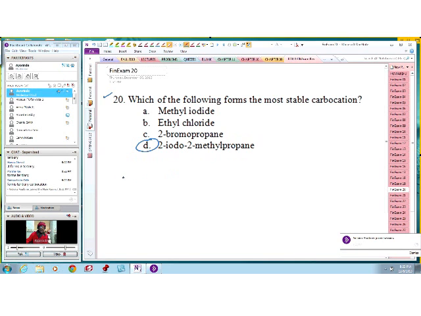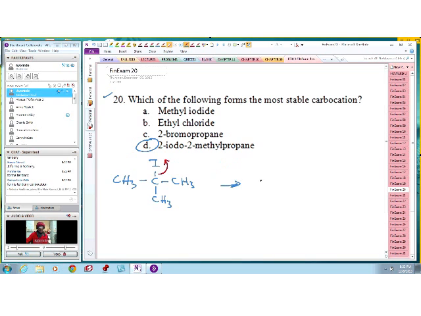So if you look at 2-iodo-2-methylpropane, we are making an assumption here that this molecule will be losing the iodide, and in so doing, you are going to form a tertiary carbocation. This is a tertiary carbocation.